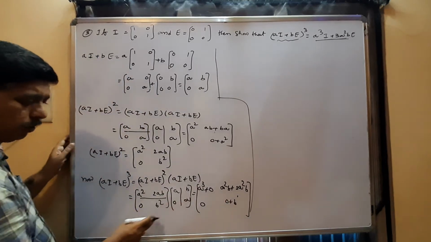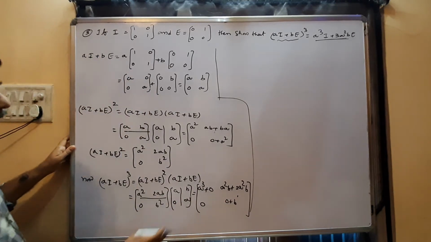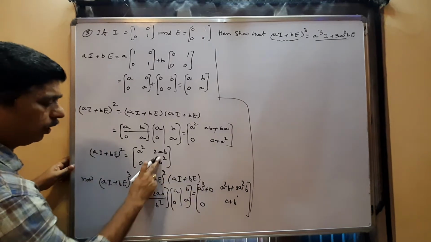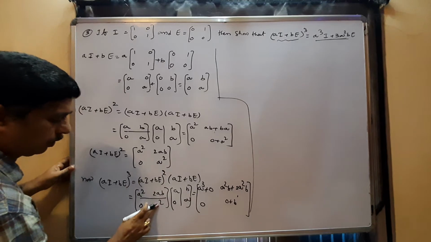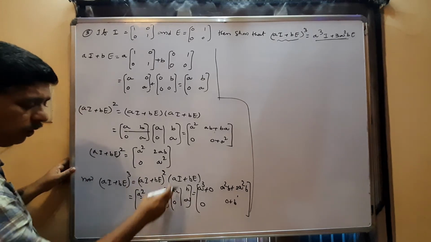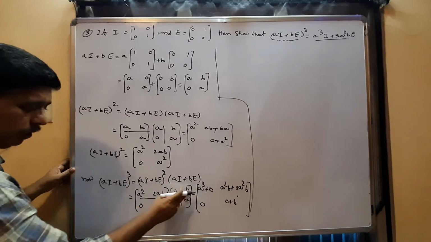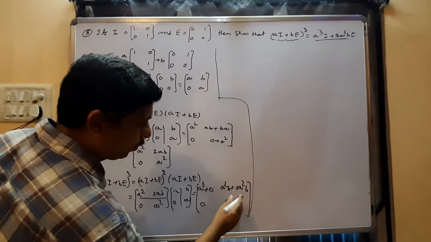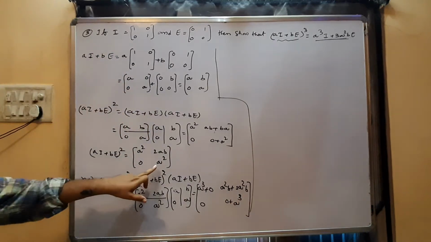Yeah, A square you have, so this is the A square. So obviously second row into first column: 0, 0 plus A square into A cube. This element is A square A you have.